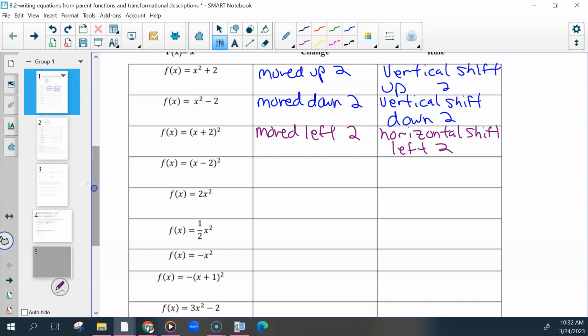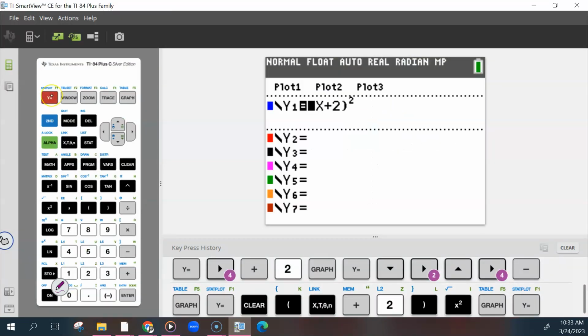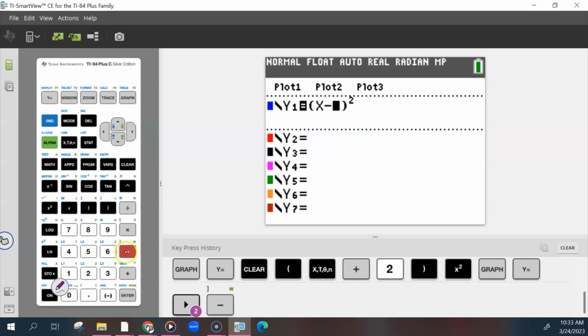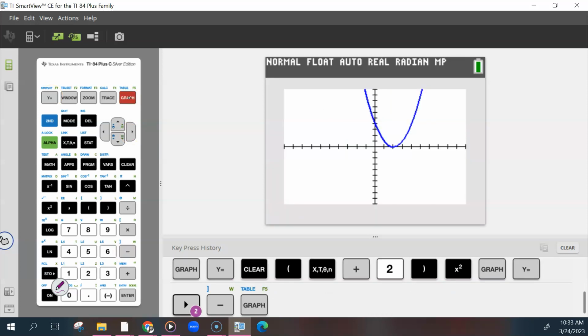So if that one moved left, what do we think the next one's going to do? Right. It's going to move right. I'm going to graph it just so you see that is what happened. But it did move to the right.